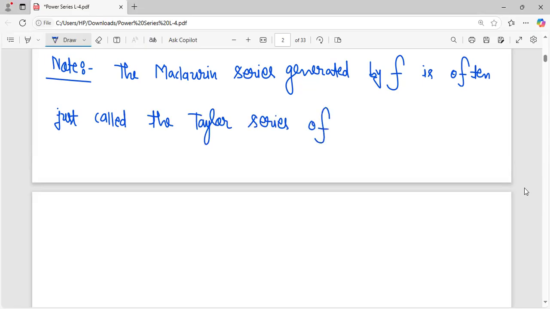In some books you will find that the Maclaurin series generated by f is often called the Taylor series. In some books it is written. No problem.